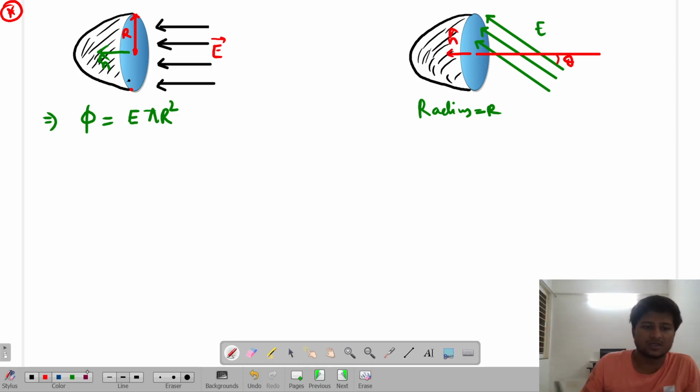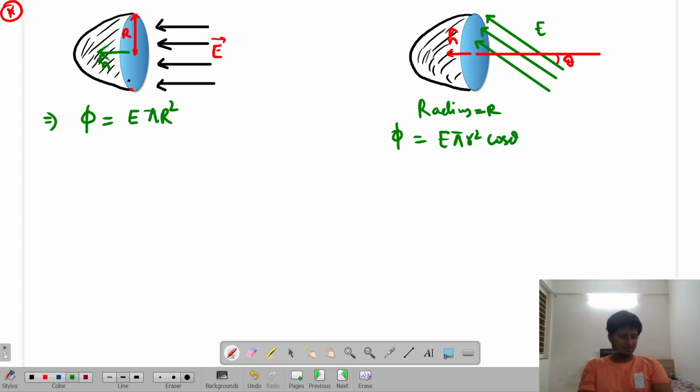So once again the flux will be given by phi equals pi r square into cos theta, because the sin theta terms will once again cancel. Always keep in mind that when defining the flux, I have to take the component of the electric field along the direction of the normal. So flux is defined as the amount of electric field line component along the direction of area.